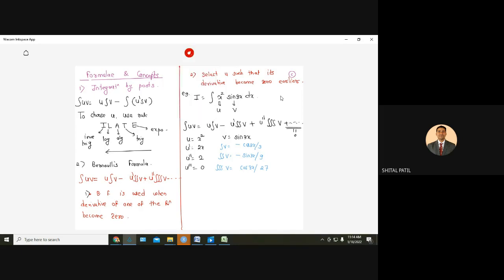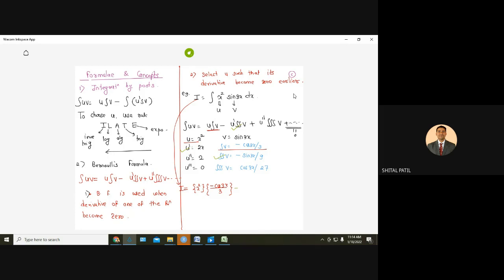Hope you might have understood. So the first term: u and integration of v. Answer I equals u, so x square, and integration of v, that is minus cos 3x divided by 3. Next term: u dash and integration of v twice.